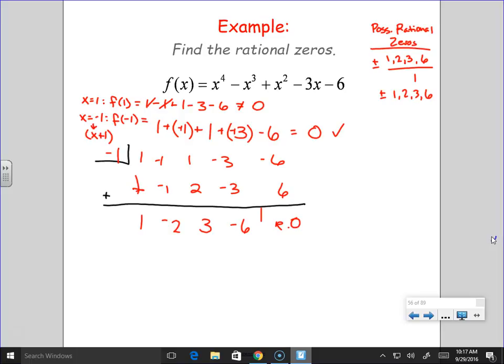The remainder is 0 there. Now, who do I have so far? Negative 1. I have that factor with that 0. Who's this one now? Guess what we're supposed to keep doing.